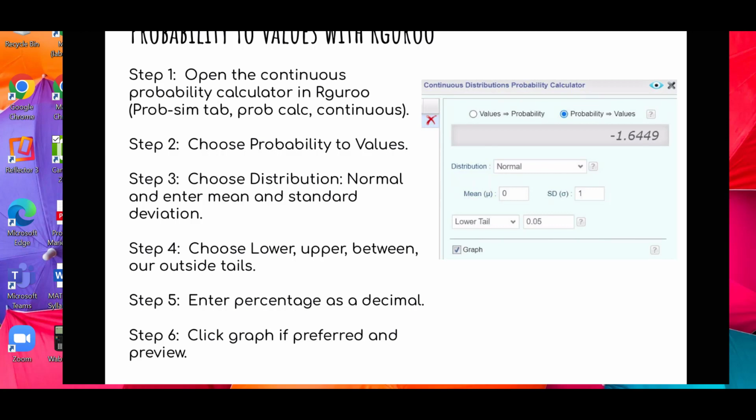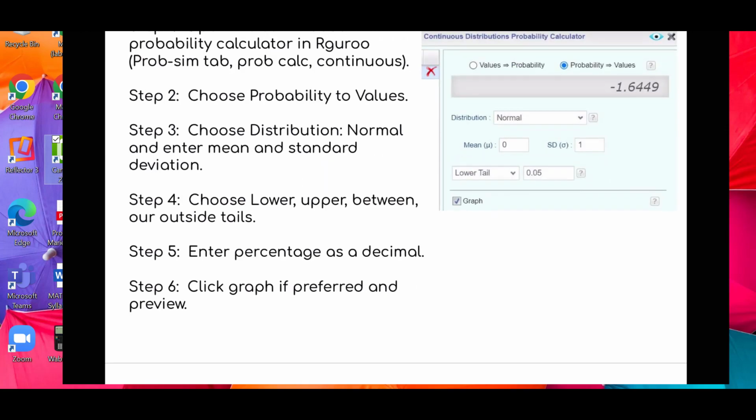Are they giving you the area below the value they're looking for? Are they giving you the area above the value that you're looking for? Are they giving you the area in between the values you're looking for? And you choose accordingly and then have to put in that percentage. But again, it sounds a little complex, but it doesn't have to be. So let's look at what some of the questions will look like and then how we would do this.